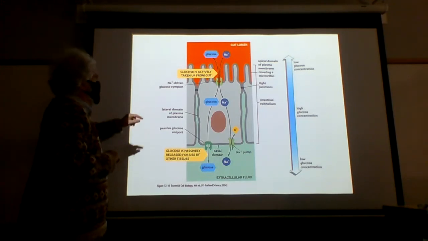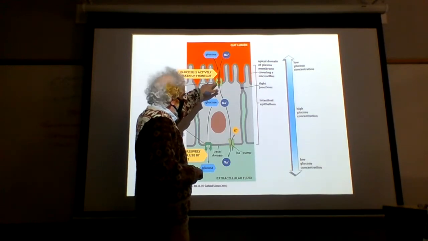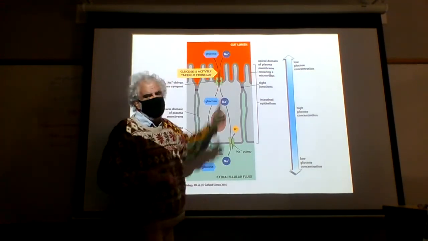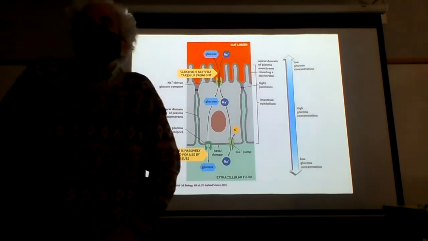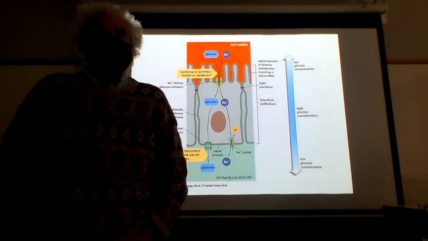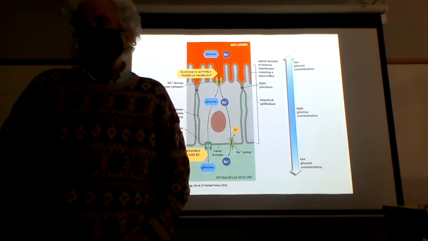Now, let's look at how this actually works. We've got glucose being actively taken up from the gut using the sodium co-transport system. In this case, the sodium ion is actually in the gut lumen. The sodium is the sodium that's in your food and probably just in your water.